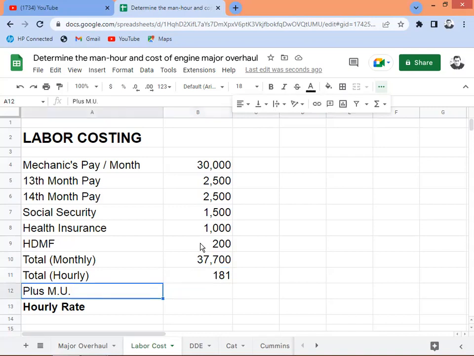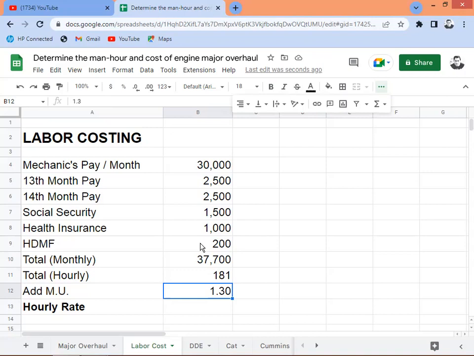Of course, we're going to add a markup. I think the markup should be around 30%, because there are also other expenses like miscellaneous or maybe a little bit of overhead cost, you know.